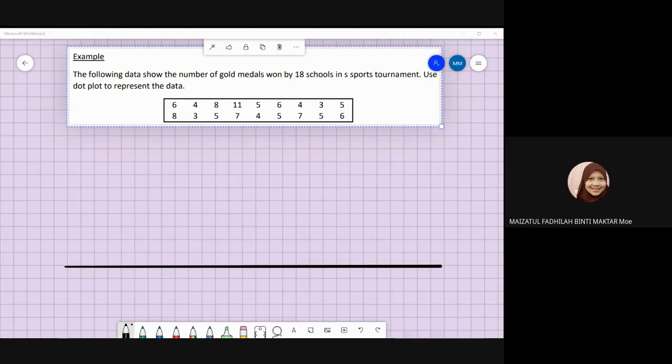From this example, you can see the lowest number of gold medals won is 3.